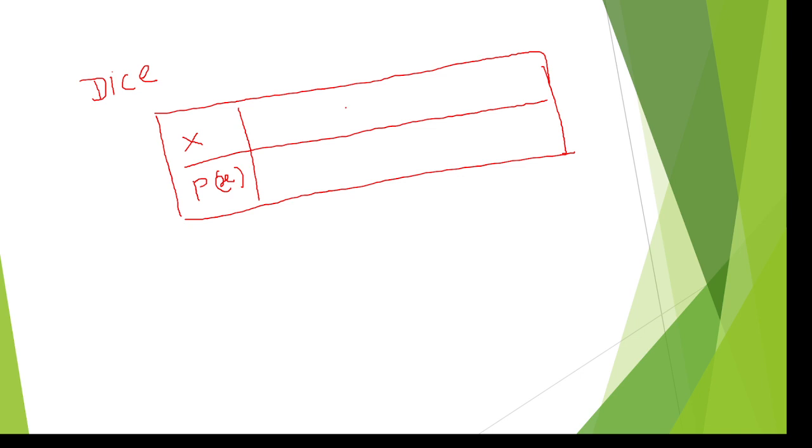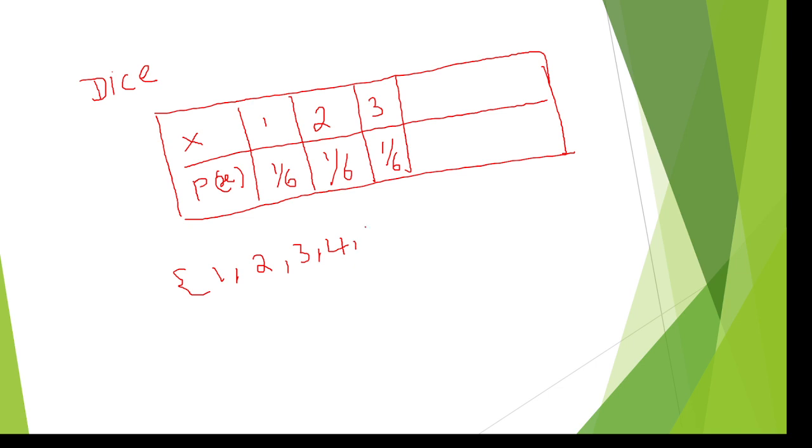Then the probability to get 1 is 1 by 6, and it is assigned with real number 1. The probability to get 2 is 1 by 6. The probability to get 3 is 1 by 6. Why? Because we know that the dice has 6 outcomes: 1, 2, 3, 4, 5, 6.